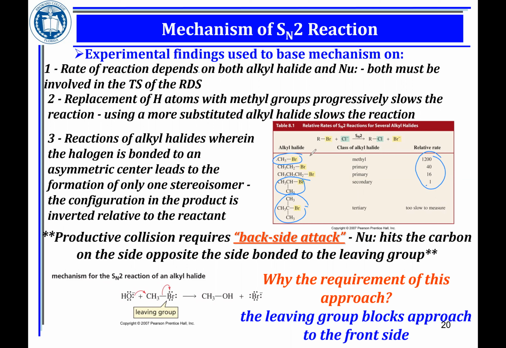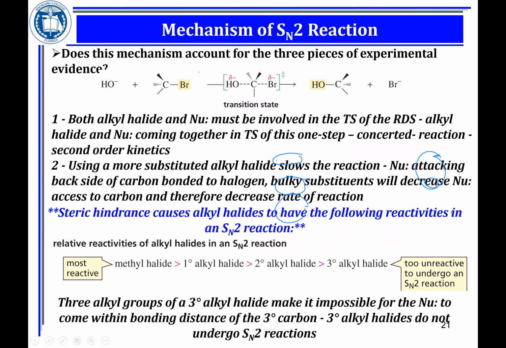If the rate of the reaction for methyl bromide is 1200 times more than a secondary, the mechanism of this reaction must be Sn2. Because when you look at the kinetics for the reaction, in an Sn1 reaction, let me see if I can use the whiteboard, I need the whiteboard here. Okay.